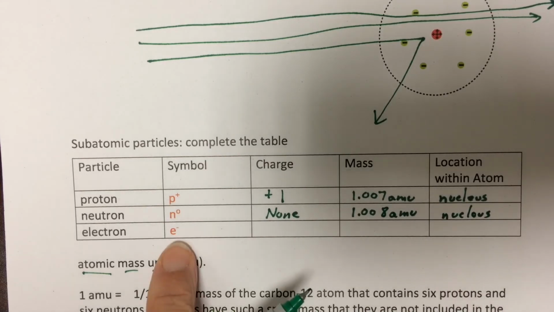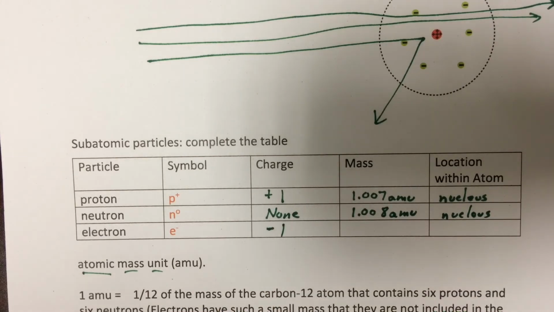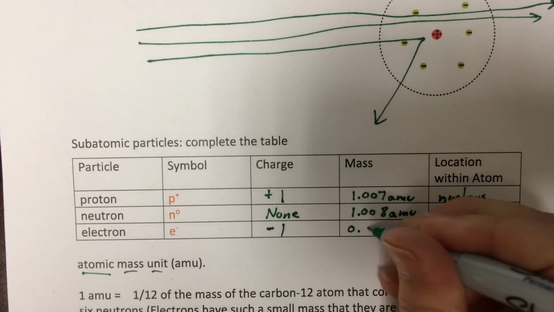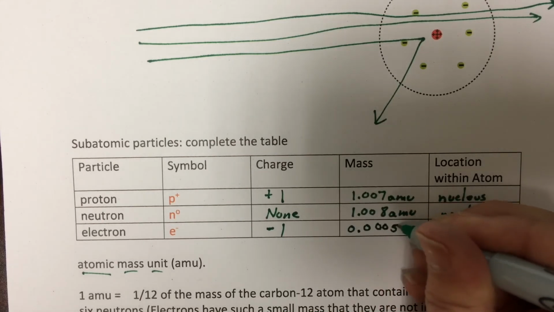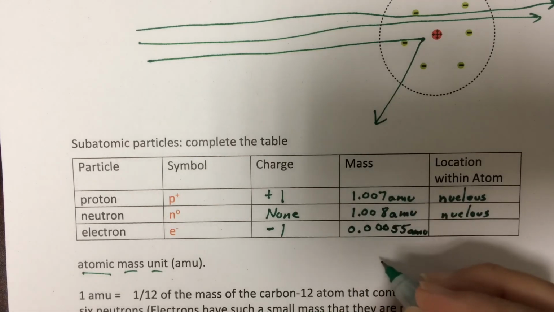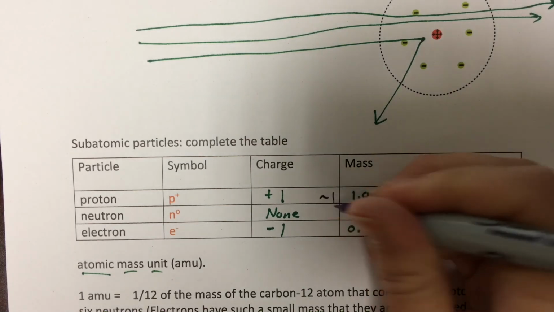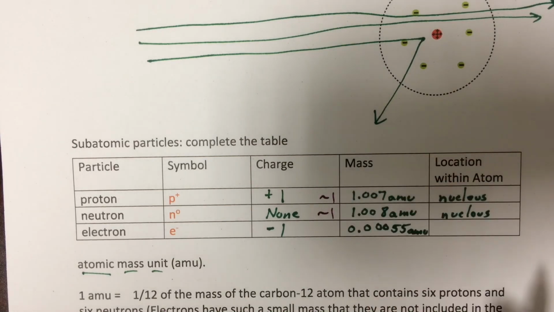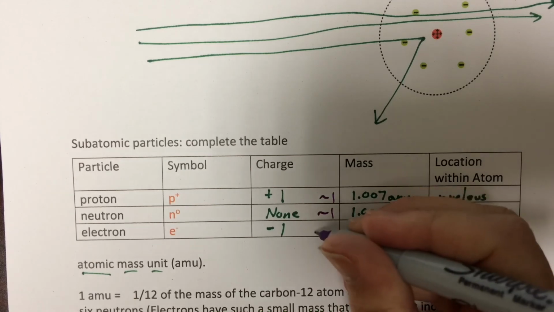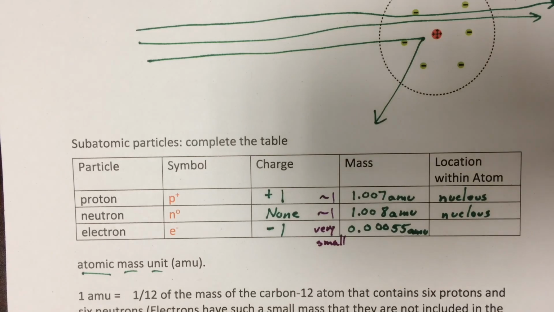The electron, the symbol is E. It has a negative charge, and it is very, very small. It's 0.00055 AMUs. And you do not need to know these numbers. I would say that a proton is about 1, a neutron is about 1, and an electron is very small in mass.